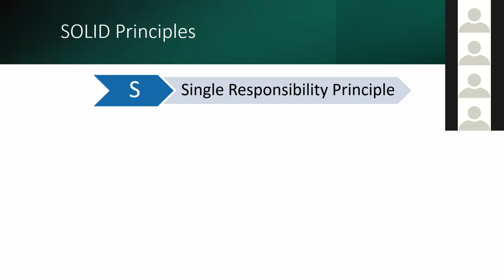Because tomorrow, if you change the way you save your data to the database, that class is going to change. And if you change the way you send your emails, or you're no longer only sending emails, you want to send SMSs as well, then your class is changing for a completely different reason. Hence, they say a class should have only one reason to change.